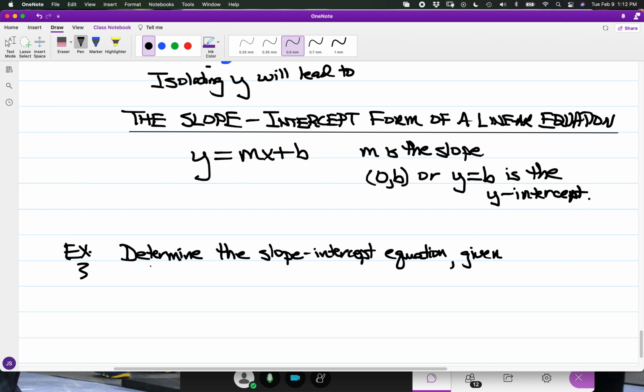Say for these cases here, if I were to determine the slope-intercept equation, and say we have given m, the slope, equal to 5, and a point through which it is going to pass. We have (x1, y1) equal to (-1, -2).